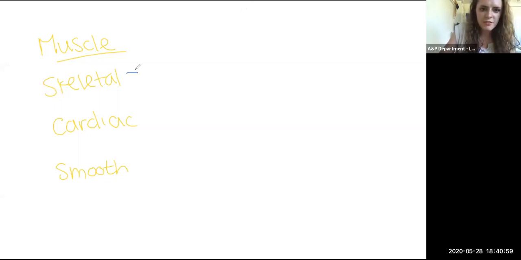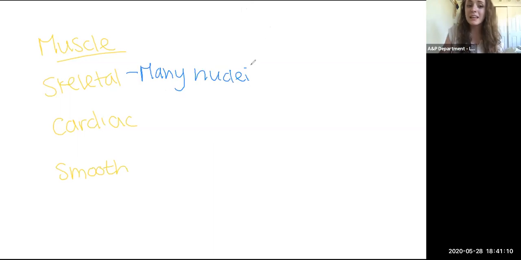Just a few differences that I want to point out is that skeletal muscle has many nuclei, meaning that one skeletal muscle cell has like 50 nuclei inside of it. It makes it super unique. Another thing about it is it's striated. So if you look at it, it's going to have little lines on it like this. So your skeletal muscle cell is really long and skinny.